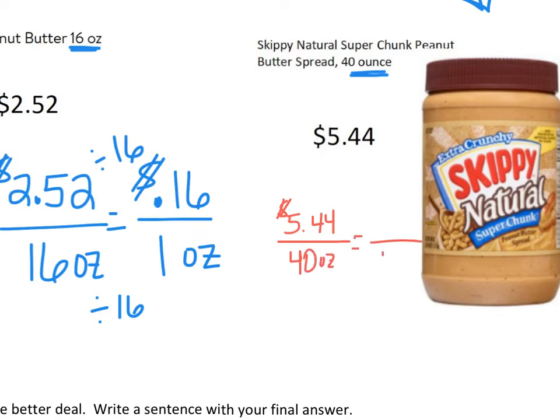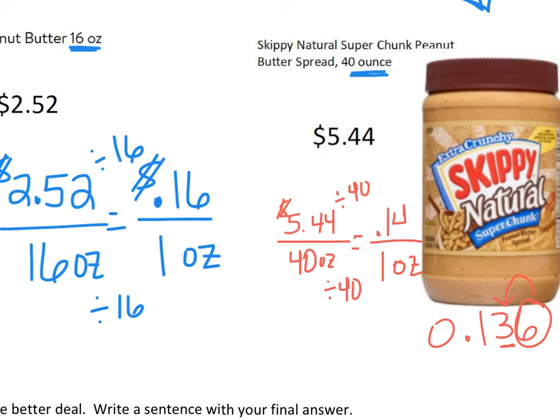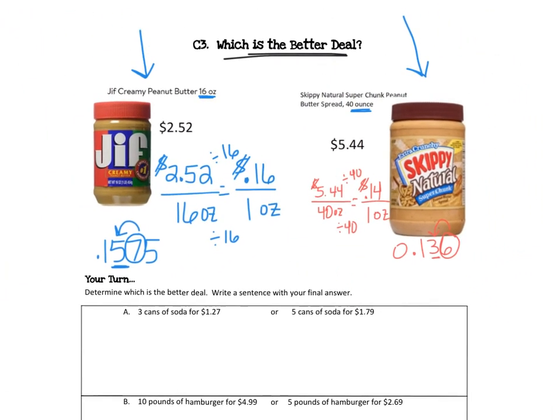So we would need to simplify that down to figure out how much it's going to cost for 1 ounce. 40 divided by 40 is going to get me down to 1 ounce, so I have to take $5.44 and divide it by 40, and you'll get 0.136. So again, round it to the nearest cent. The 6 is going to tell that 3 to go up to 14 cents per ounce.